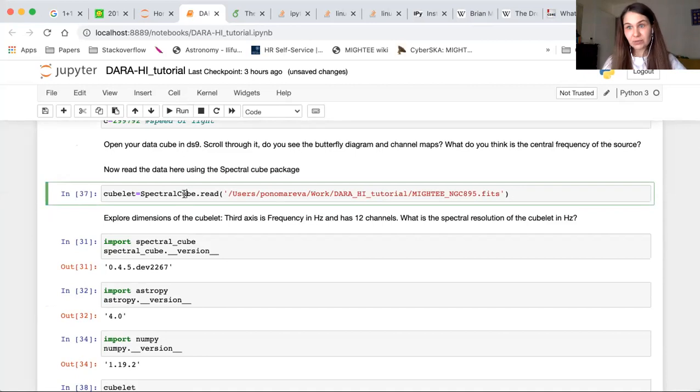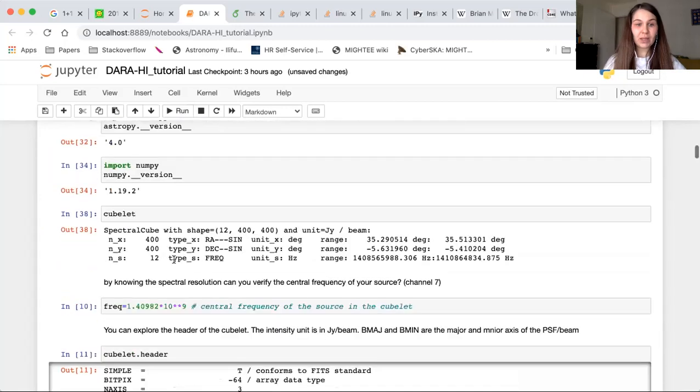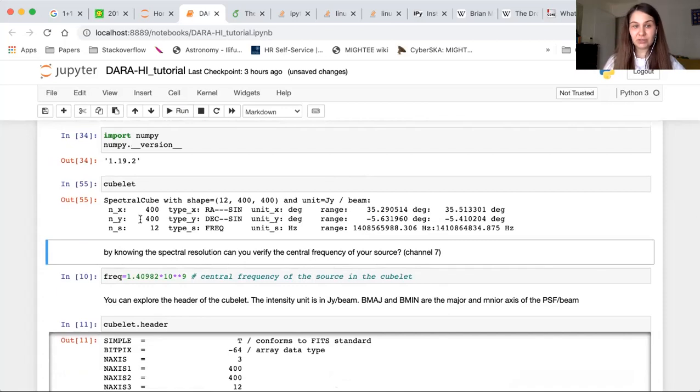Now the data cube, which you just saw, we can import here using the spectral cube package. And we can look, for example, at the dimensions of this cube. We see that it's all in pixels: in the X direction it's 400 pixels, in the Y direction it's 400 pixels, and it has 12 channels in frequency.